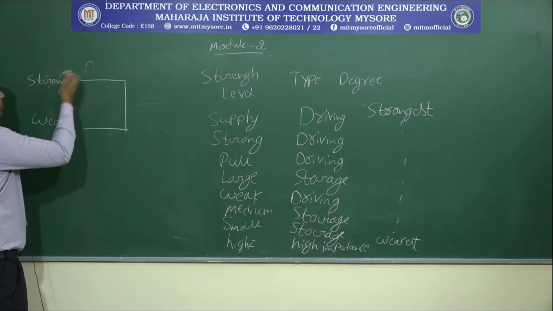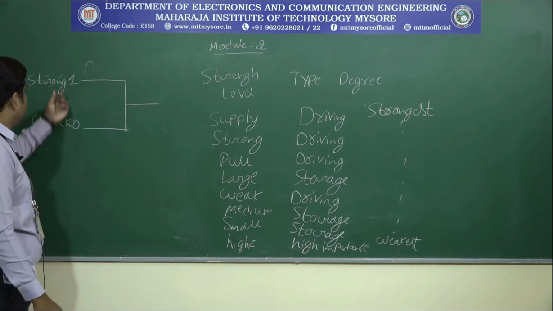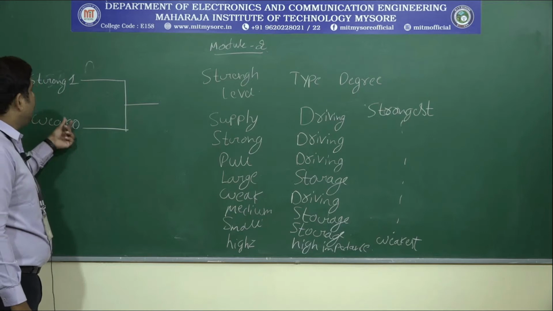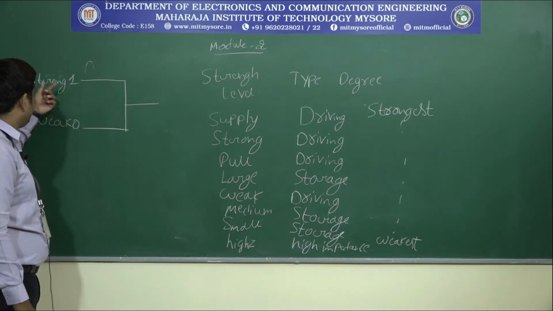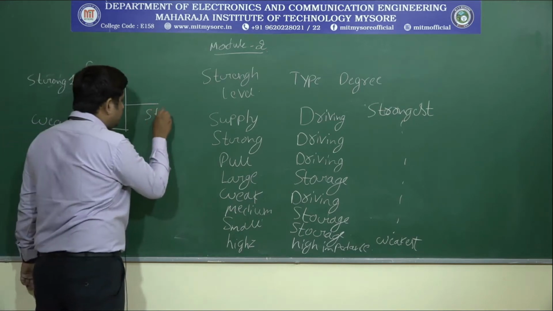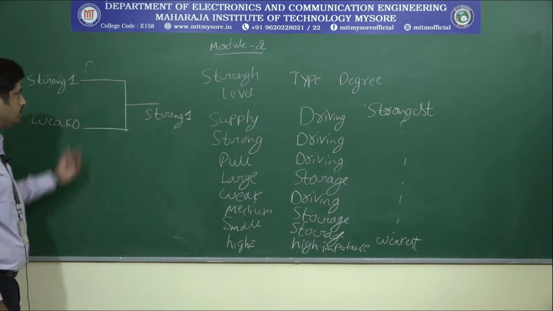So it may be a strong 1 and a weak 0. If it is strong 1 and weak 0, which one is greater? Obviously strong 1 is greater in strength. So when you apply the two signals, strong 1 and weak 0, it produces strong 1. So that is the condition here.